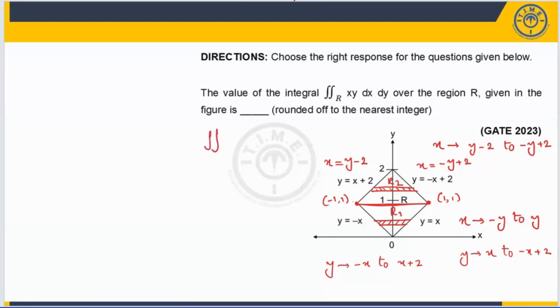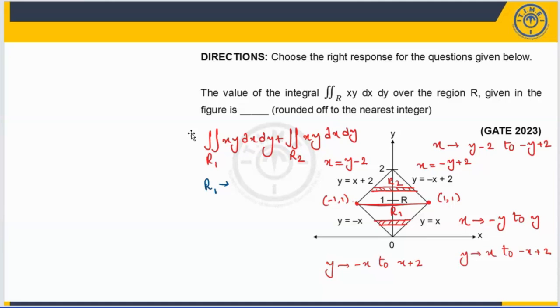Okay. So then what will be the value of that integral? First, over R1, double integral xy dx dy, plus double integral over R2, xy dx dy. Okay. Now, what are the limits of R1?